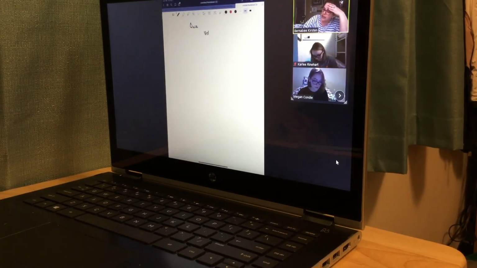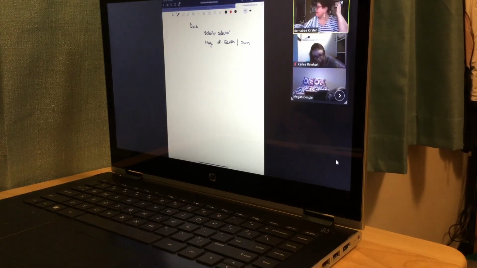We could have a velocity selector. We could do magnetic fields of Earth or Sun. We could do a motor. I'm not loving that one because it's been a while.